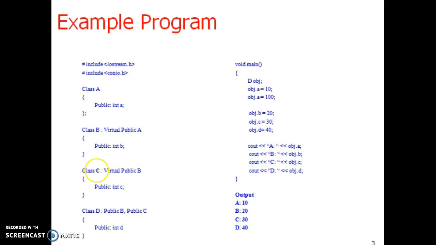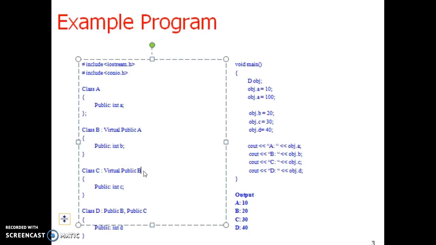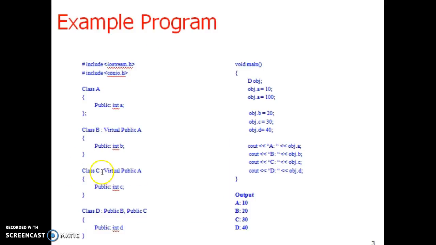Same time, when you are creating C, again I am inheriting the features of, sorry, this should not be B, this should be A. So again, class C is going to inherit the features from A publicly, and I am making this class a virtual base class by introducing this virtual keyword.